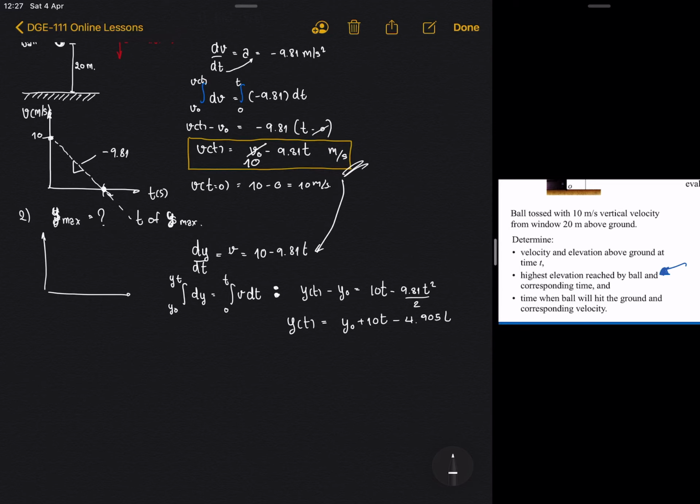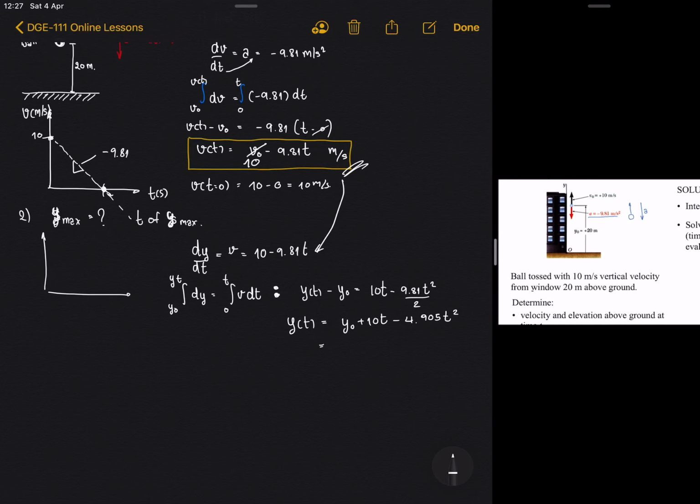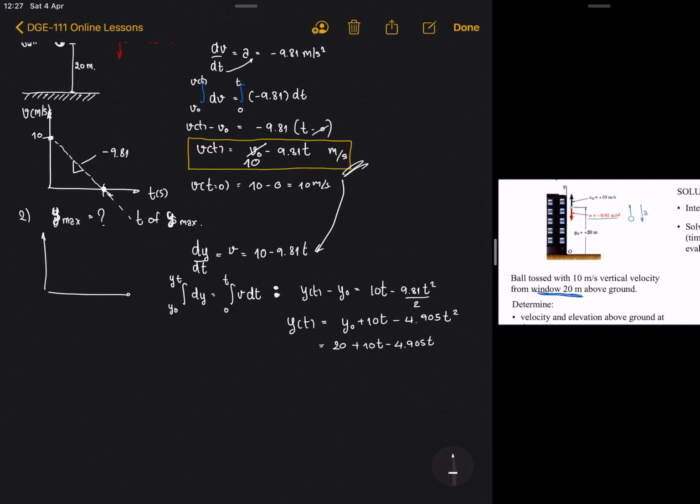4.905 t squared. And y0, we already know it from this one: the guy throws the ball at the beginning from the window, and the height from the ground is 20 meters, so here is 20 meters plus 10t minus 4.905 t squared.